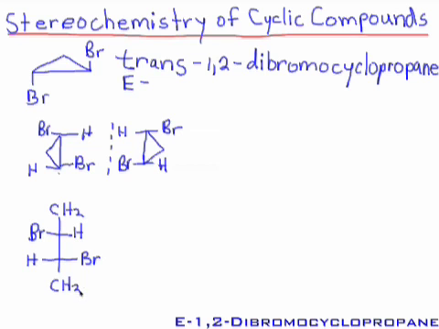And these two CH2s are the same CH2. That CH2 is attached to both the top carbon and the bottom carbon because it's part of the ring. So I'm drawing the same CH2 at top and bottom.